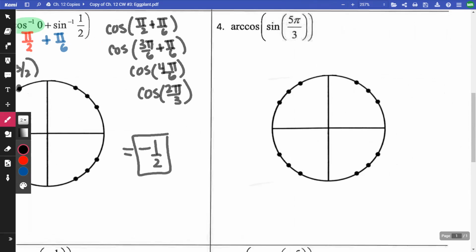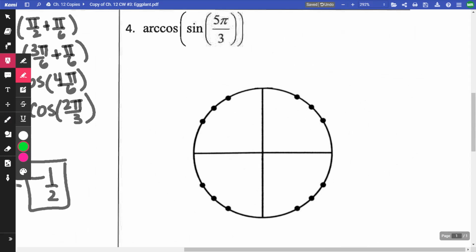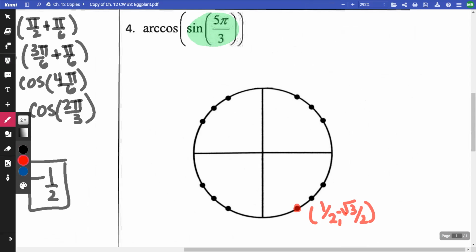On number 4, I am going to start from my inside out. So I'm first dealing with this, which is just regular sine. I want to know what sine of 5 pi thirds is. 5 pi thirds is right here. And that set of coordinates is going to be 1/2 comma negative root 3 halves. So my sine is my y coordinate. So basically now I'm going to be trying to figure out arc cosine of negative root 3 halves.